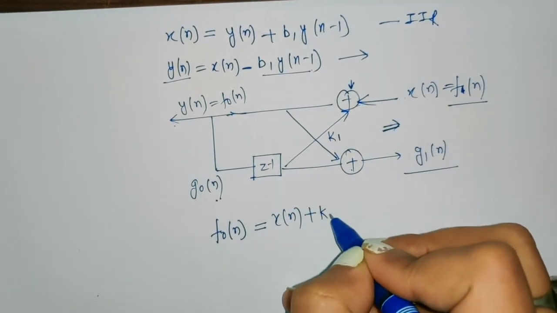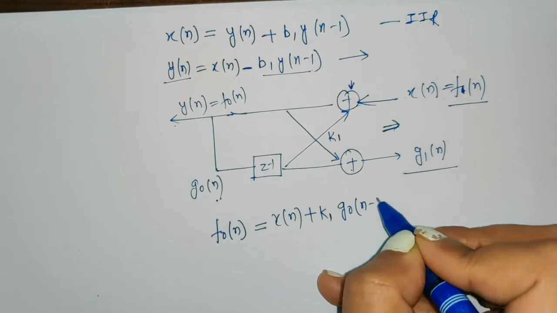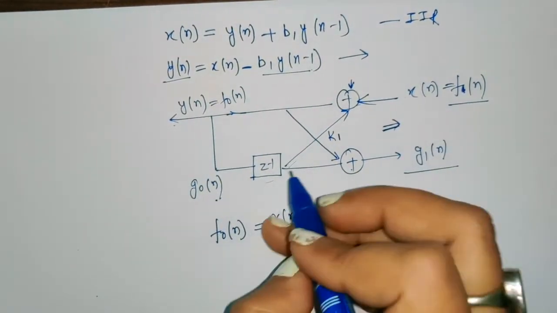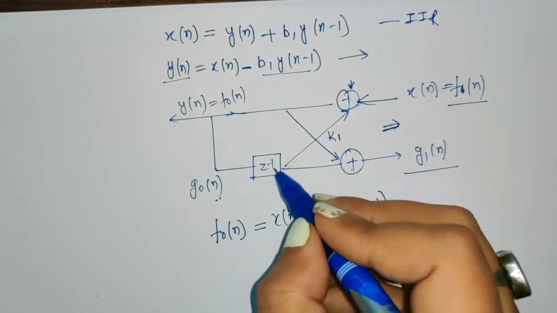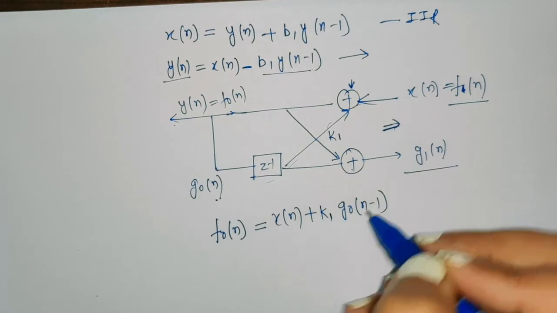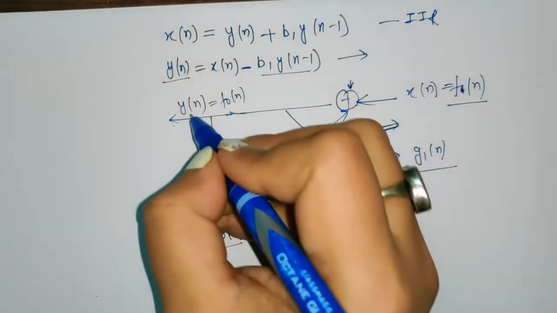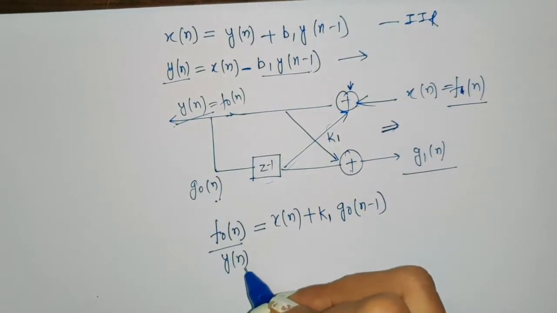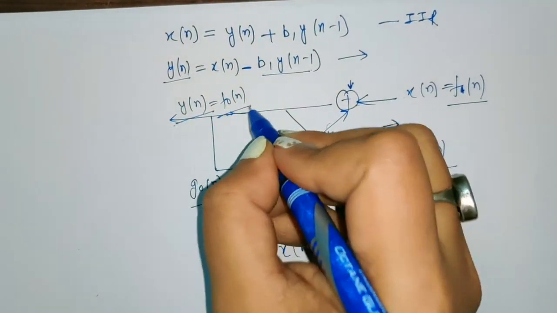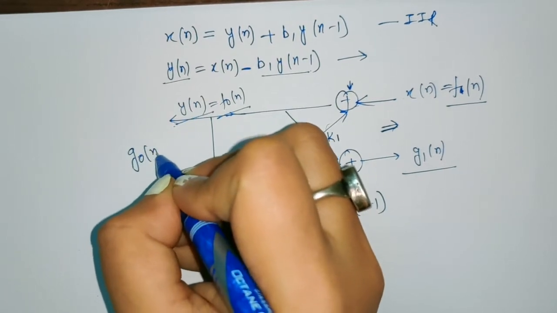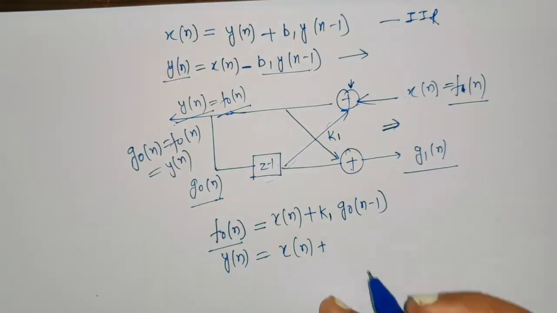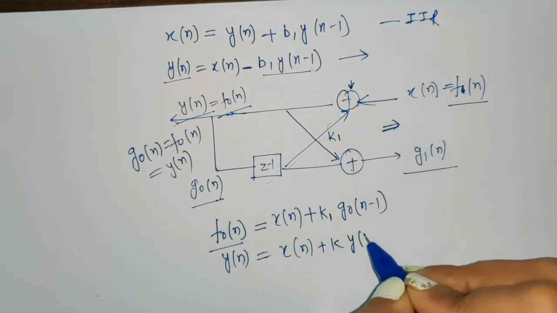So plus K1 G0 n minus 1 from this path. G0n is getting delayed by 1 unit, then multiplied by K1 and then added here. So F0 is this. Your F0 is nothing but your Y. So your Yn is equal to Xn plus K1 Yn minus 1, since G0n is equal to F0n, which is basically Yn.